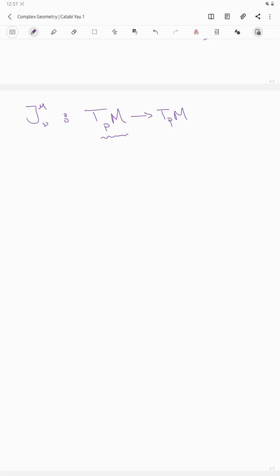For us to allow complex vector valued functions, we need a complex vector space at each point P in M, right? So what we can do is take this T_P M and take its tensor product with the complex space.